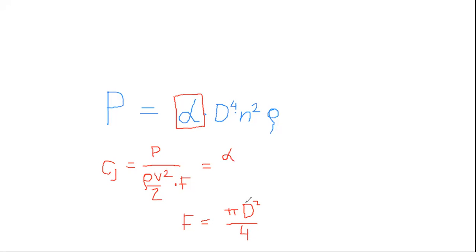Terms for d also cancel each other because of the 4 and the square, and we remain only density squared and RPM squared. So density, diameter. This we also divide by P. From this term, this cancelled. 8, 4 and 2 multiplied together give us 8 in the upper part of the formula. From this and from this. And V squared.